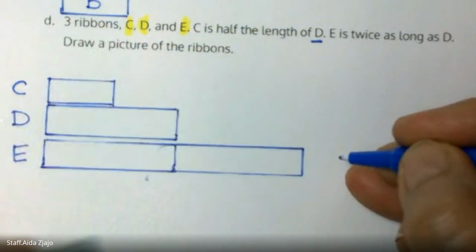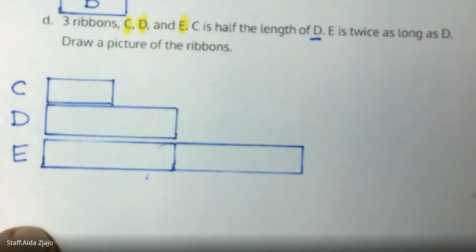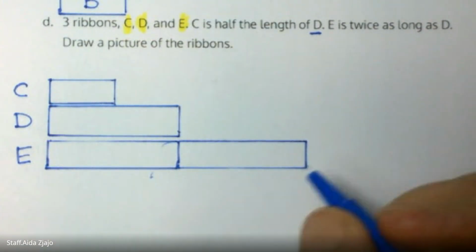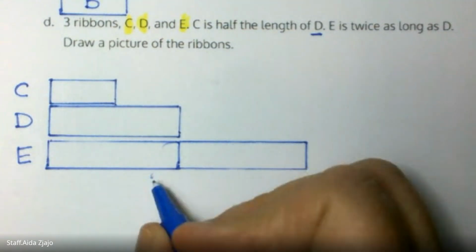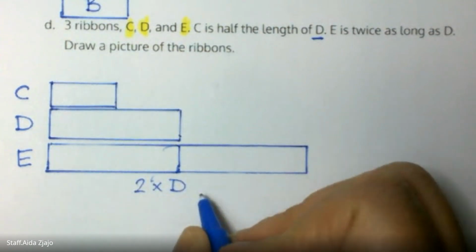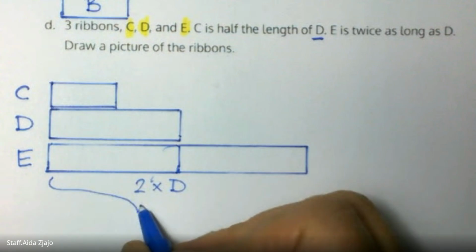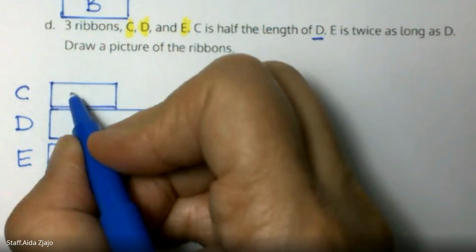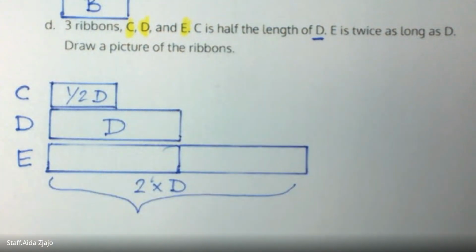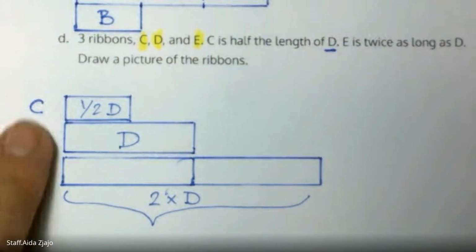So then this is twice as long as D, and this is half of D. Sounds good. We can even label it: this is 2 times D, this is half of D, and this is D. Okay, that sounds right.